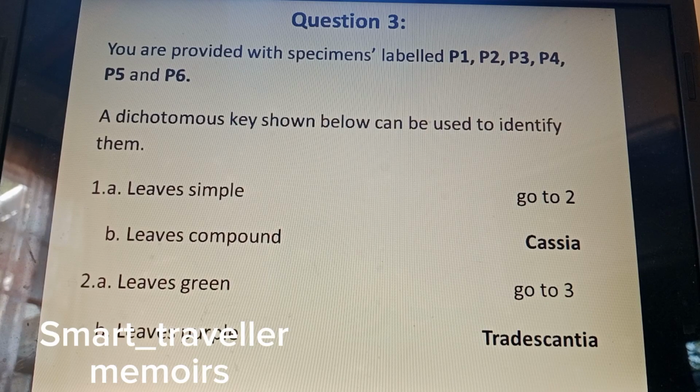I hope by now you have been taught how to use the dichotomous key. Leaves compound, directly you identify that one as acacia. Leaves green, you go to 3. Leaves purple, your identity is Tradescantia.